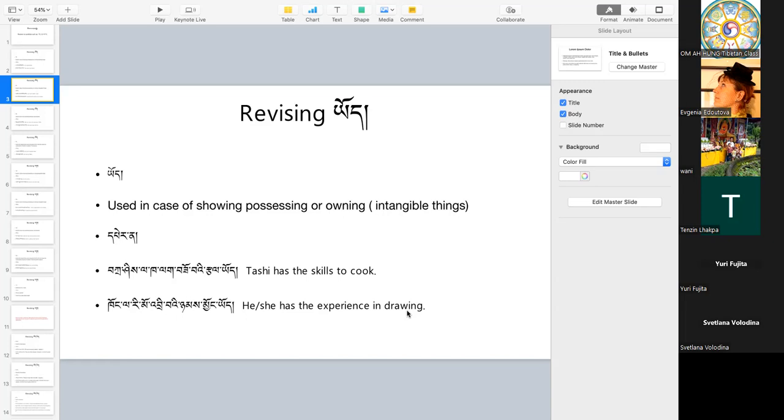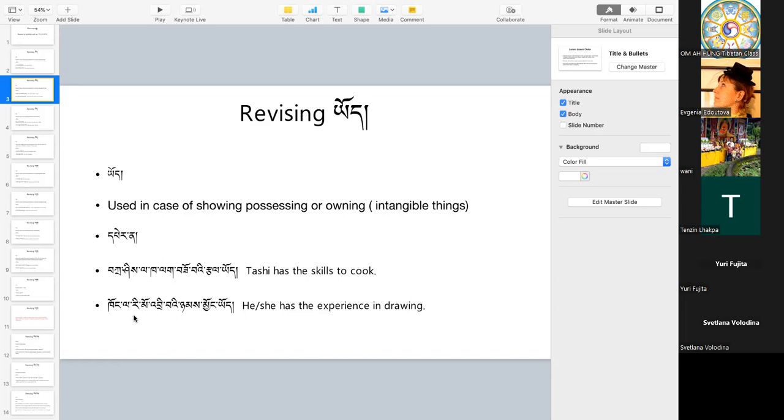So he or she has the experience in drawing. So this experience or proficiency in drawing is possessed by him or her. So we see the relation which is being shown by this particle.